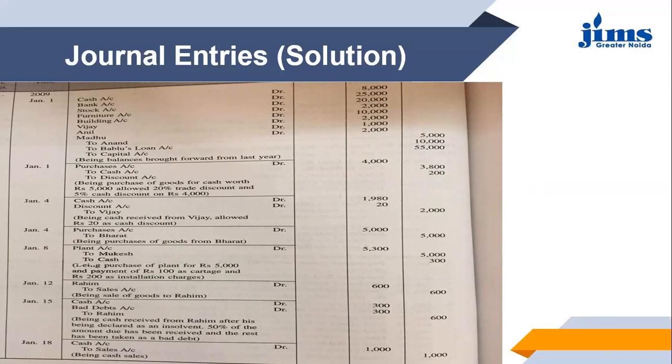So the difference between these two amounts, 55,000, will be credited to the capital account, and in this way the debit and the credit amounts will become equal to each other, which should be for each and every journal entry. So this is called the opening entry in any of the financial transactions.